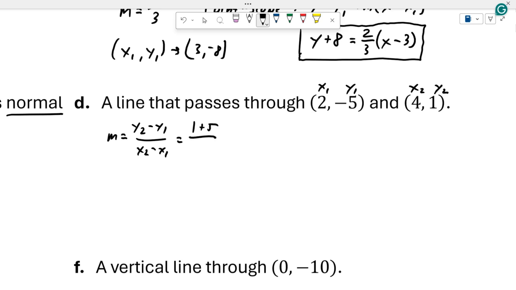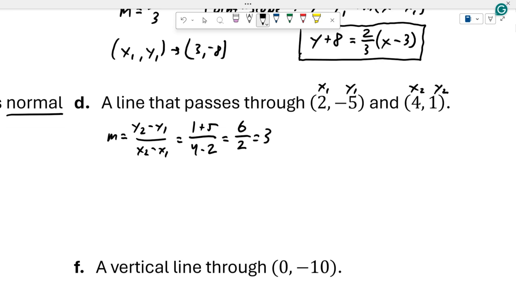You're basically finding how far apart these numbers are. My y values are 1 and -5, and the distance between them is 6. And then x2 is 4, and x1 is 2. Again, you want how far apart the numbers 4 and 2 are. So my numerator is 6, my denominator is 2, so I get a slope of 3.